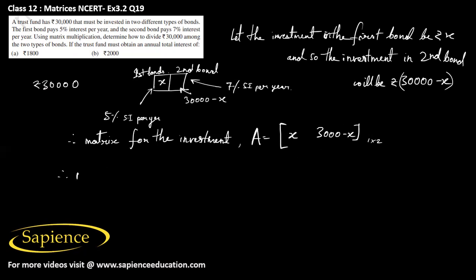Now therefore, now the matrix of the annual interest, the matrix for the annual interest, let's say that is B, that will be 5%, means 5 by 100, and this is 7%, this is 7 by 100.